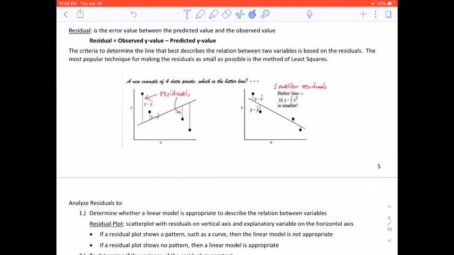If you notice, there's a line on these two examples, and the points on the first line here are really far away from the actual line, whereas the second line is really close to those points. And so that has smaller residuals, which means that our line is a better predictor.